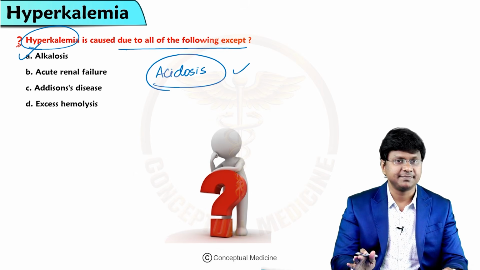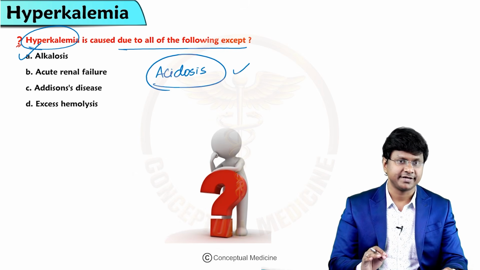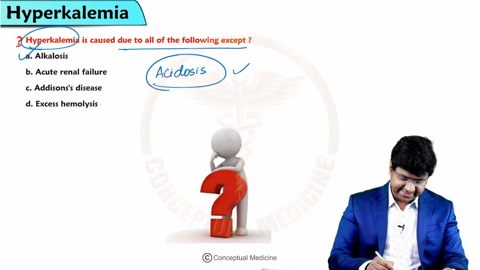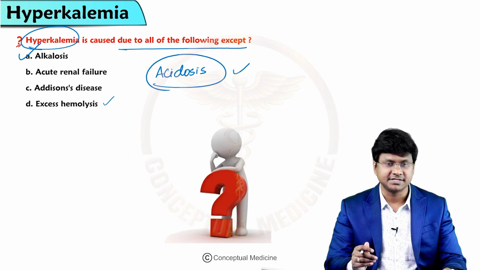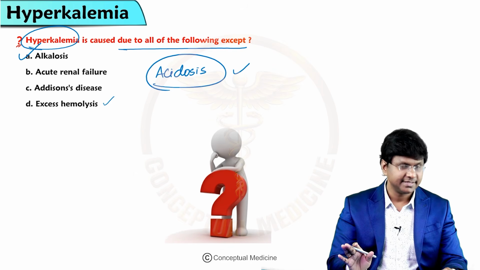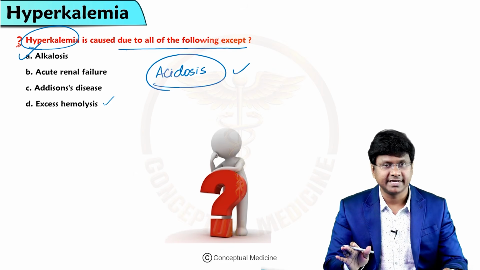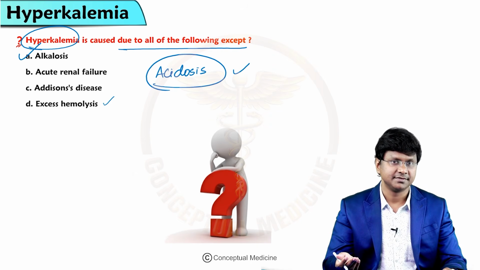Alkalosis will not cause hyperkalemia. Whereas in acute renal failure and Addison's disease, there is impaired excretion of potassium. In excessive hemolysis, the potassium from the intracellular compartment will enter the extracellular compartment, resulting in hyperkalemia. So alkalosis will not cause hyperkalemia; it is acidosis which will cause hyperkalemia, right?